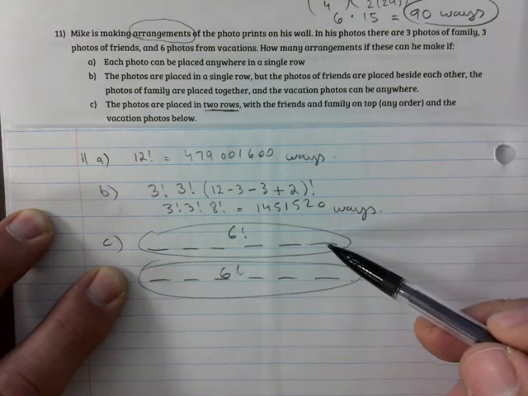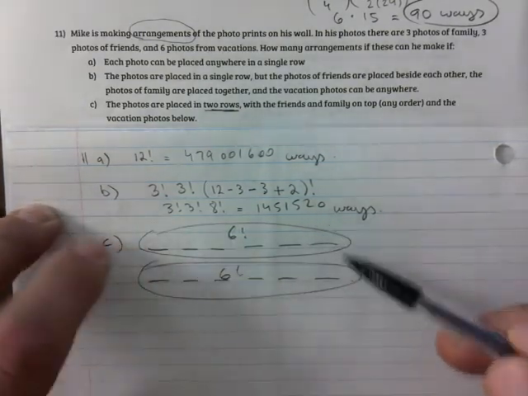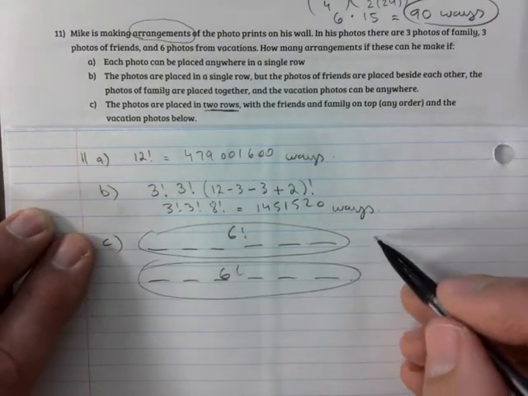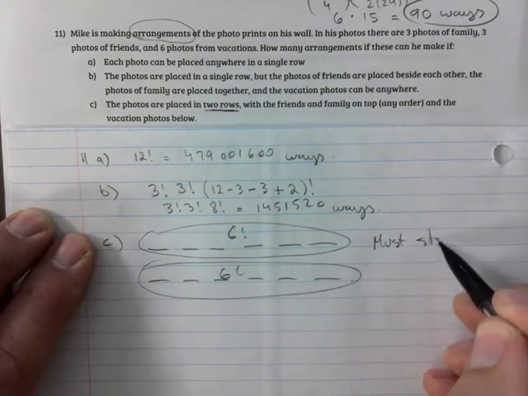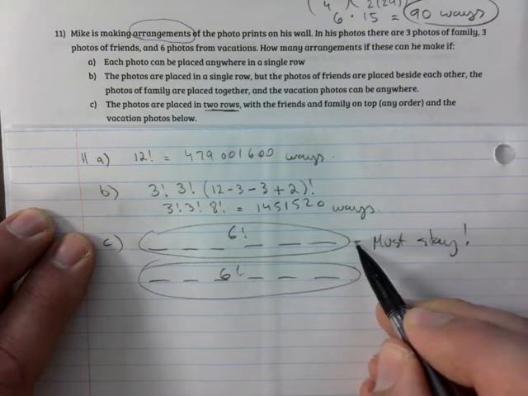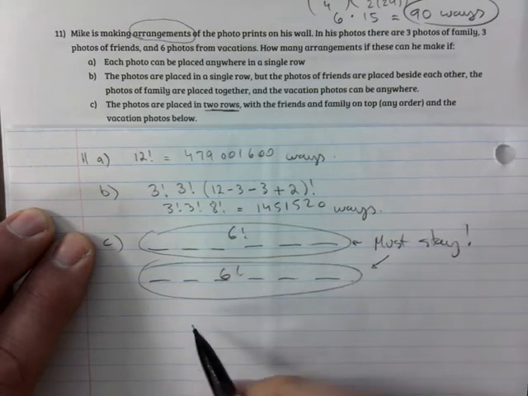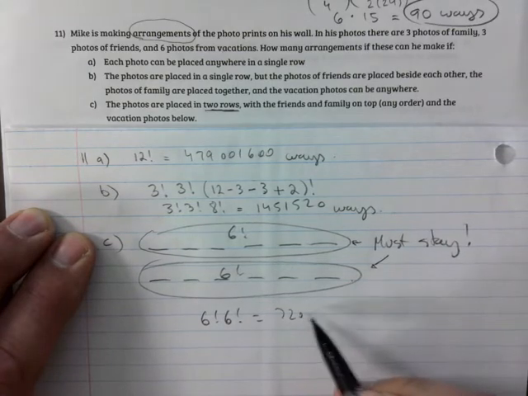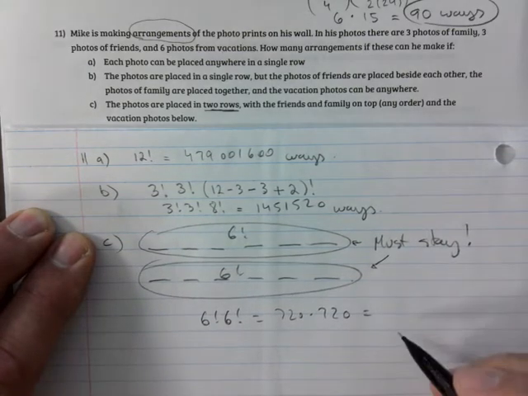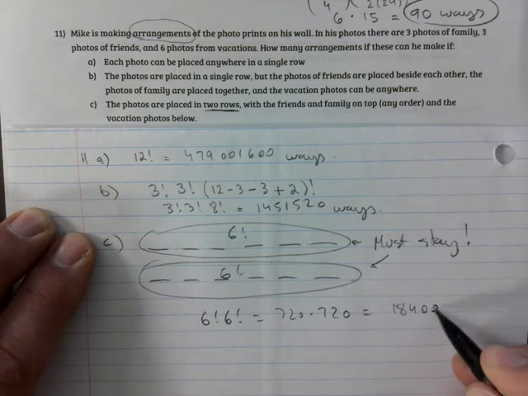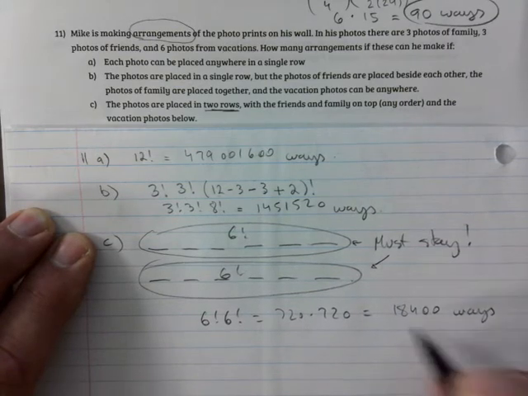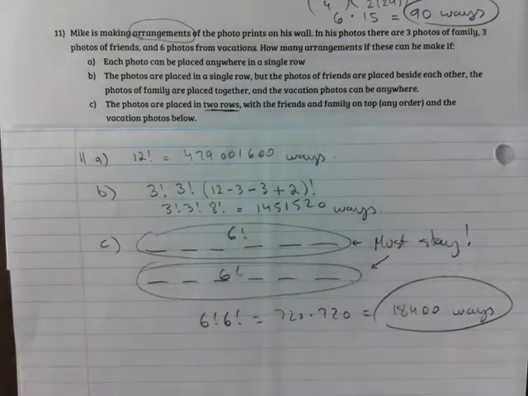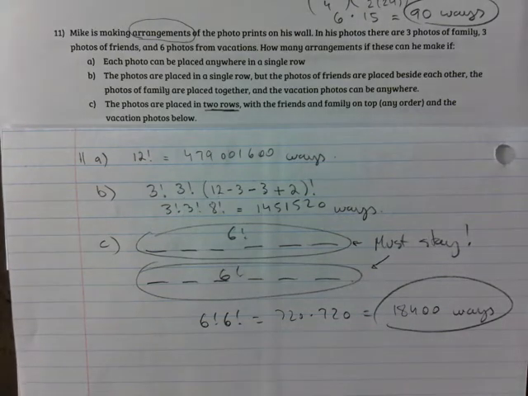So it's not like there are 2 groups now that you can flip. They must stay in that row. So that's really just 6 factorial times 6 factorial, which is 720 times 720, which is 518,400 ways.